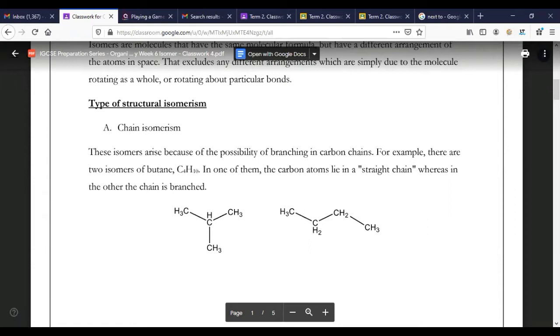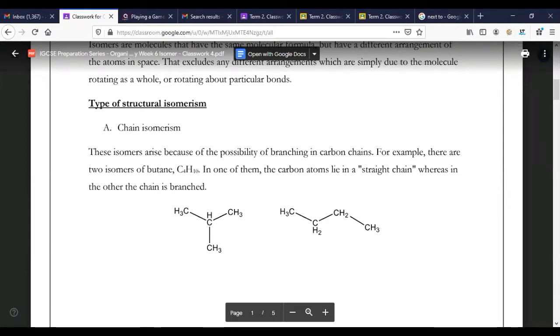So if you have C4H10, there are two possible structures that you can draw. You can make a straight chain of four carbons, or you can make three carbons as the main chain with one branch. Okay, so this is the example of chain isomerism.